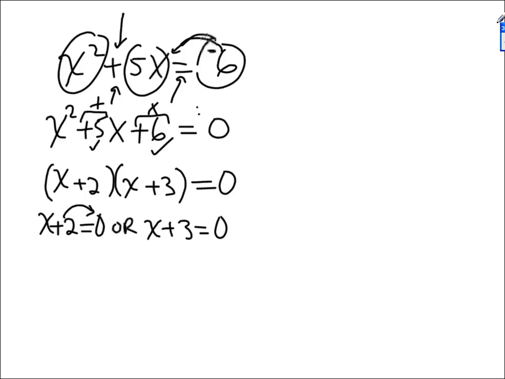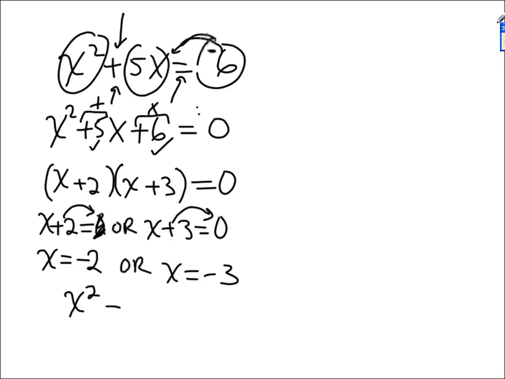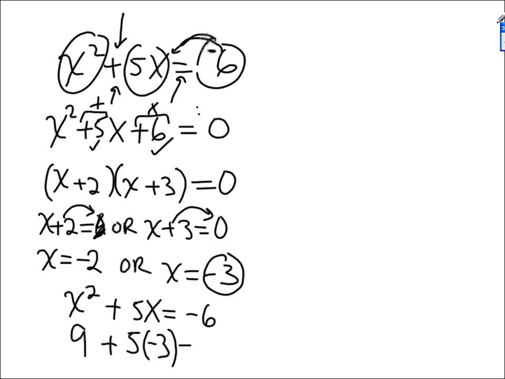If you bring the positive 2 over to the other side, it becomes negative 2. When you bring the positive 3 over, it becomes negative 3. If you wanted to check it, you have to show that x squared plus 5x equals, in this case, negative 6. If I try negative 3, when I square it, I get 9. And when I add on 5 times negative 3, that gives me 9 plus negative 15, so it's 9 minus 15.